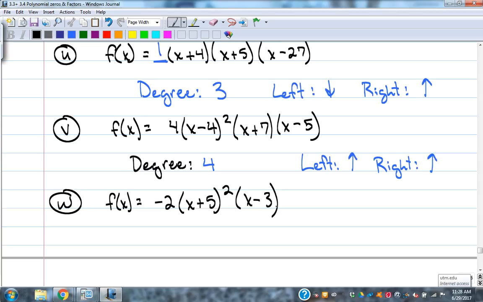Negative 2 parentheses x plus 5 squared minus, and then x minus 3. What's the degree of this polynomial?